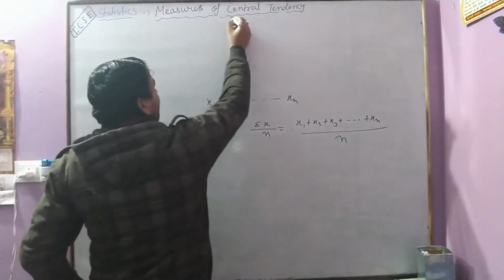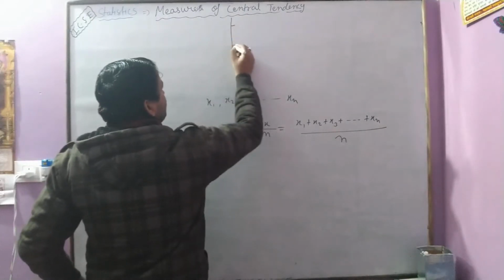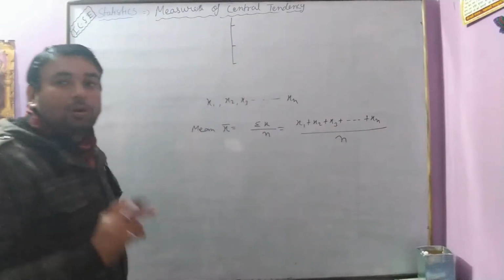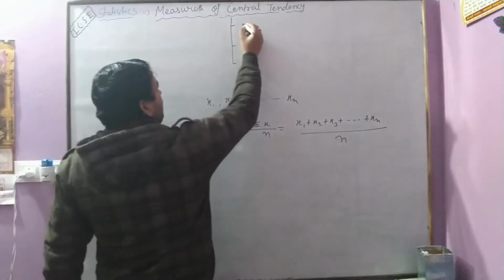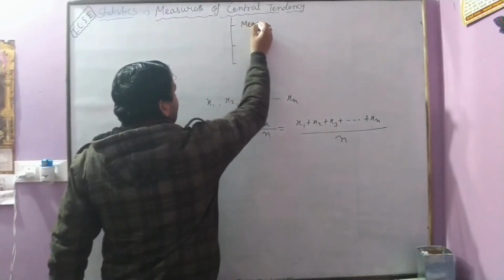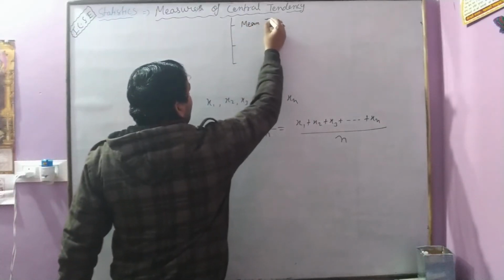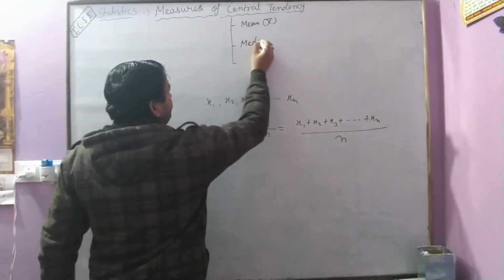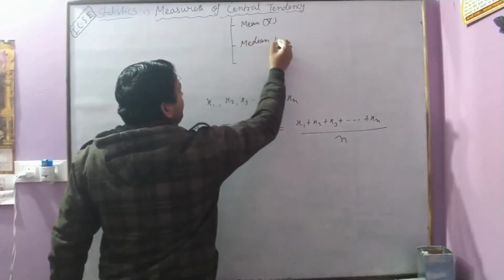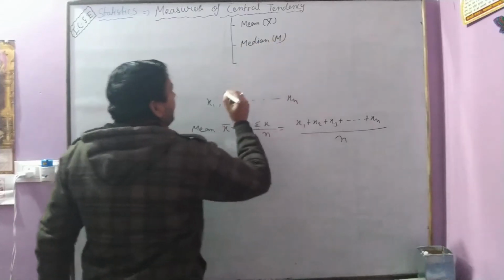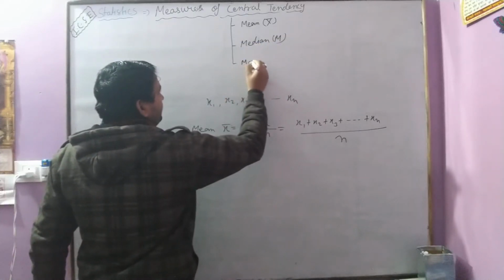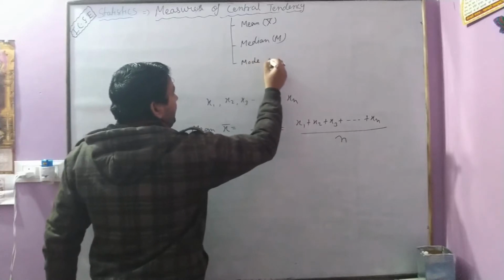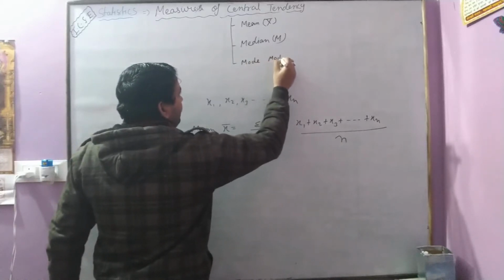So usually we have three kinds of central values of a given data. One is called mean, that you calculate as x bar. Another is median, which is calculated as capital M, and the next one is mode.